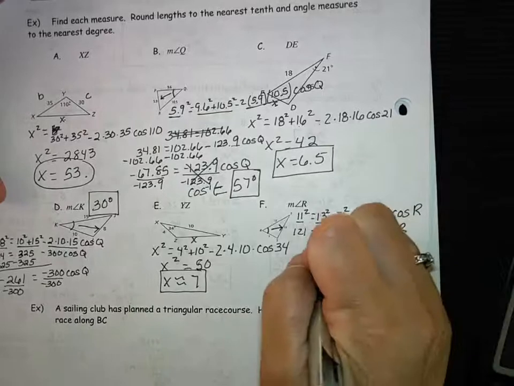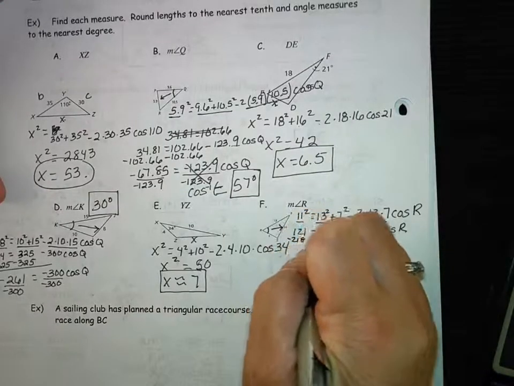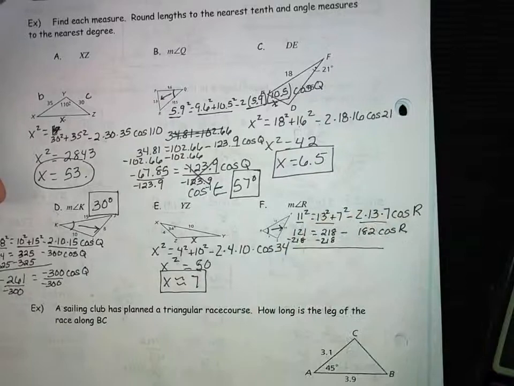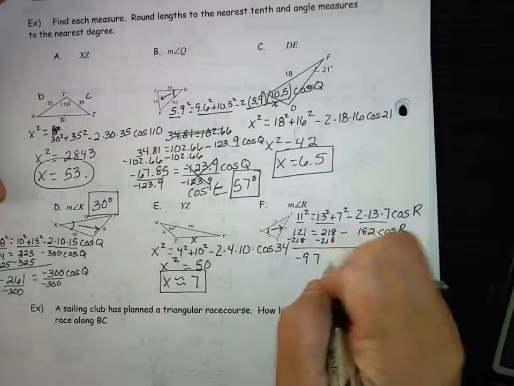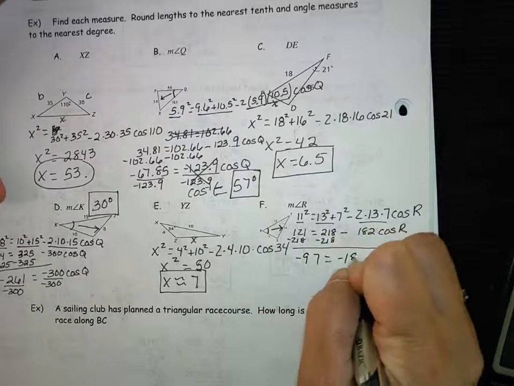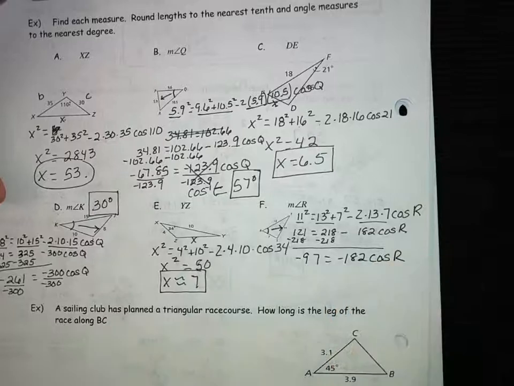From here, we subtract the 218 from both sides, and we end up with negative 97 equals negative 182 times the cosine of r.